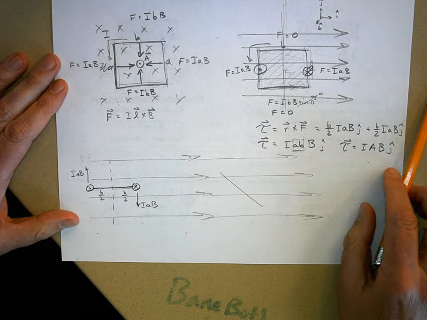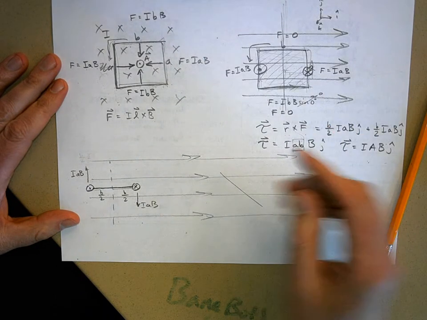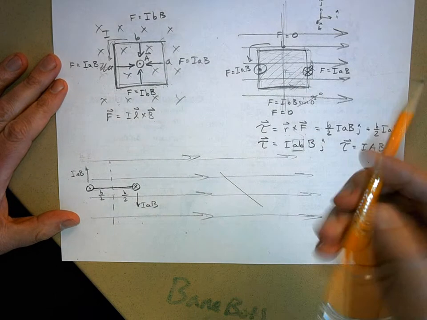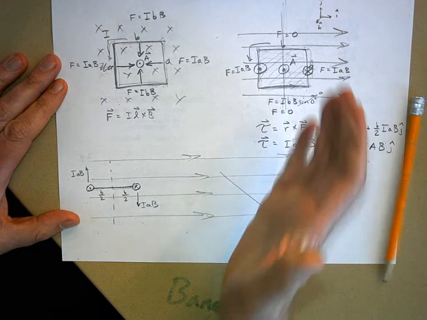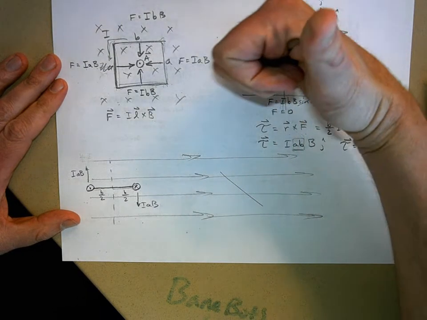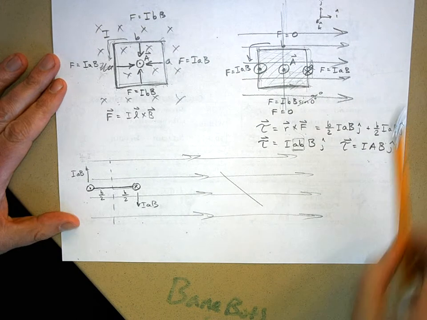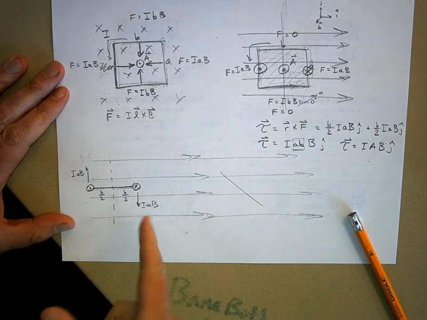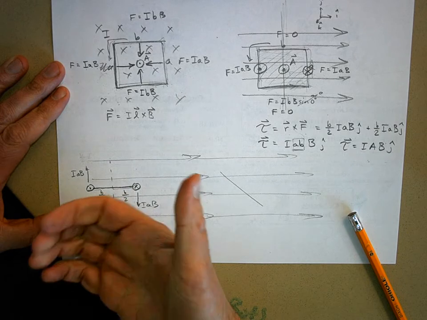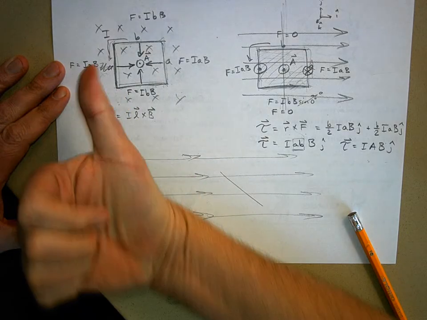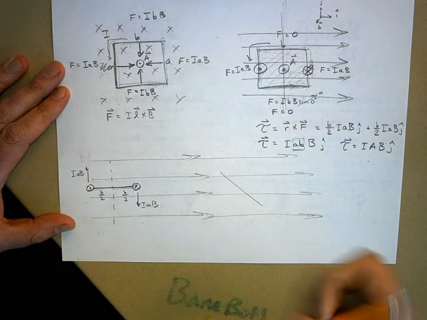The area vector here is still coming out of the paper, right? So here's my area vector. Because if I circulate my hands in the direction, my area vector is out like this. Well, if I do this, look what's happening. The current is coming out of the paper here and then back down on the other side. So my thumb is going to point. So here's my area vector.